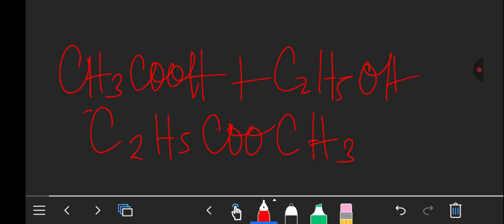Okay, so this is an ester. Of course, plus water is going to be formed, which is H2O.